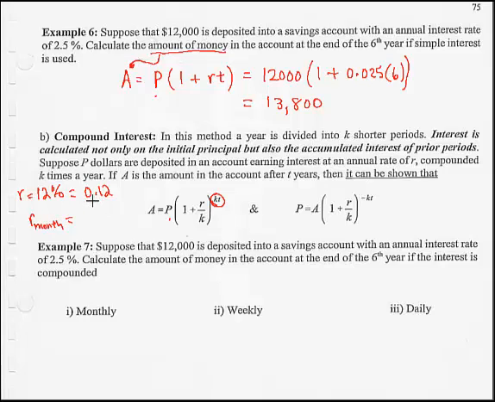At the end of the year, we would pay the full 12%, but each month we would have a rate of 0.12 divided by 12 for 12 months in a year. And so for every month we would accumulate an interest of 0.01. And that's what the R divided by K represents there.